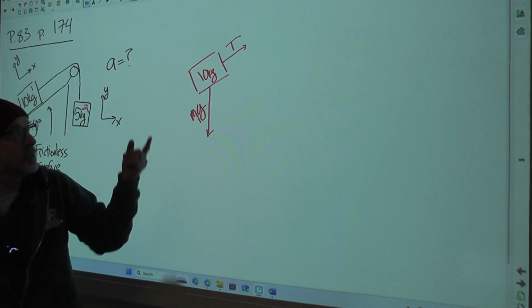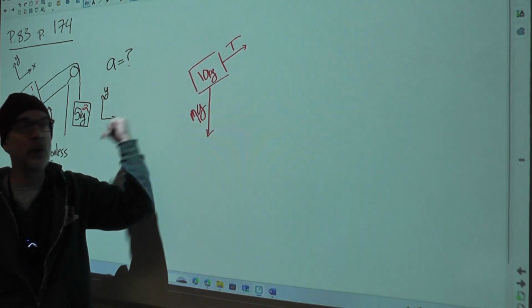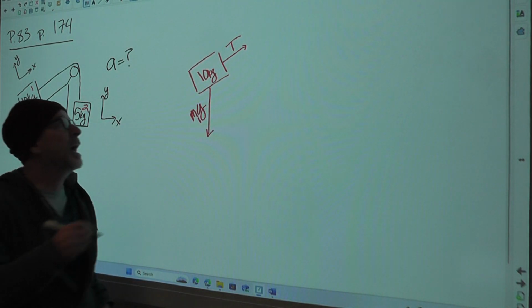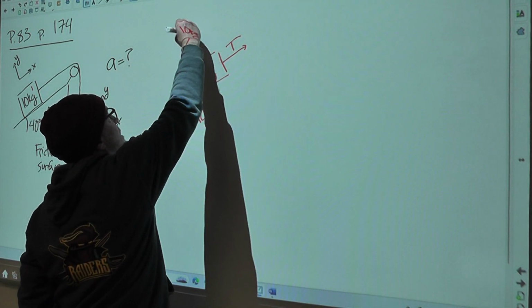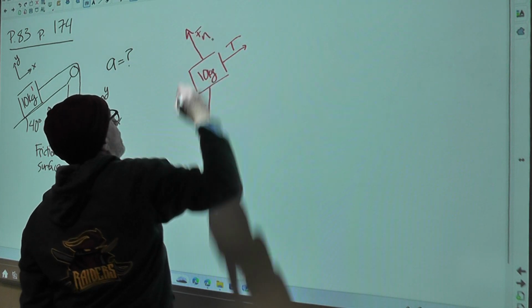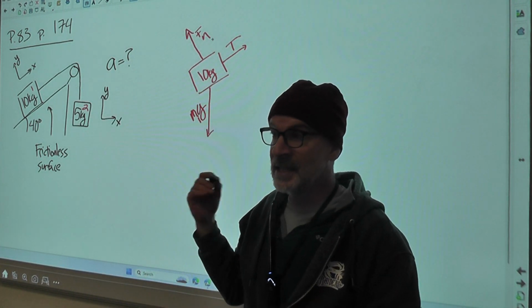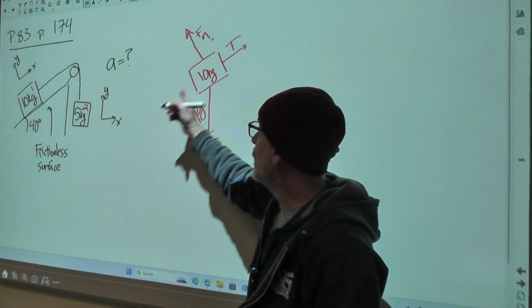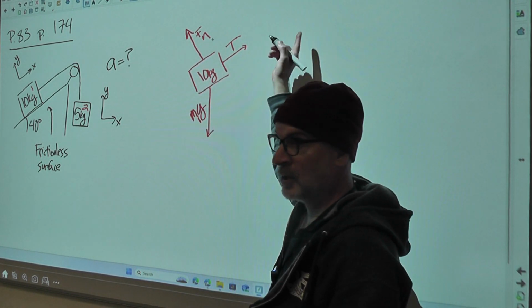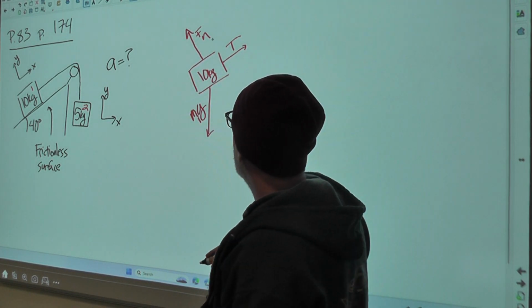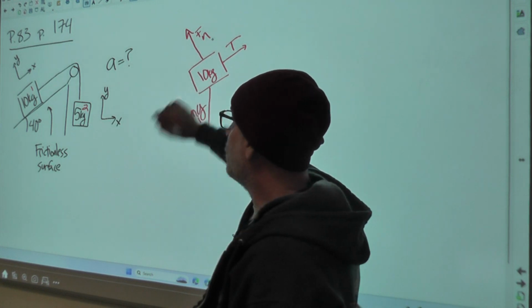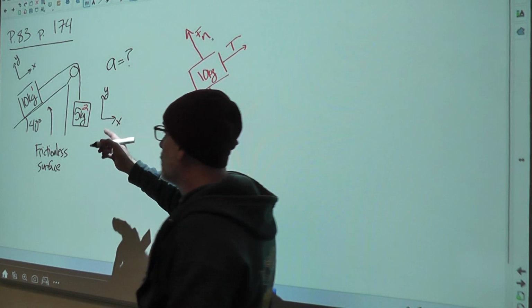So we know it's only going to be accelerating this way or this way. We know that there has to be a normal force, because otherwise it would accelerate in some other direction besides this parallel direction of the ramp, all right? So there's our free body diagram, and you may say, well, what about friction?